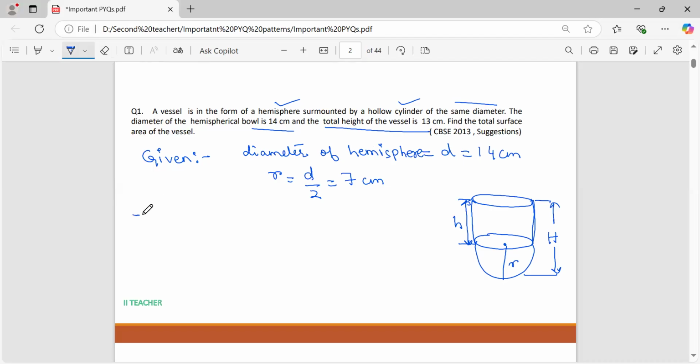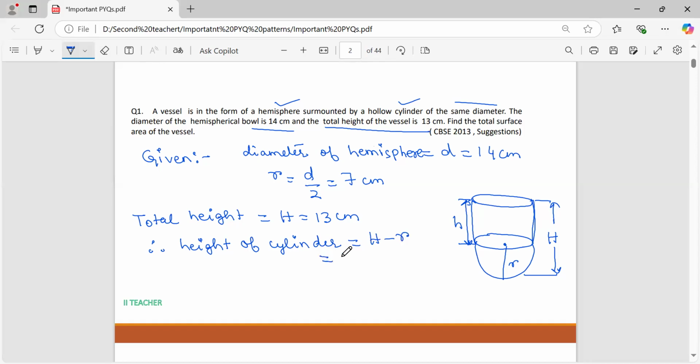So also given is the total height, which is H I have taken, and that is equal to 13 centimeter. It is given. Therefore, height of cylinder is equal to H minus R, and that is equal to 13 minus 7 centimeter, which is 6 centimeter.